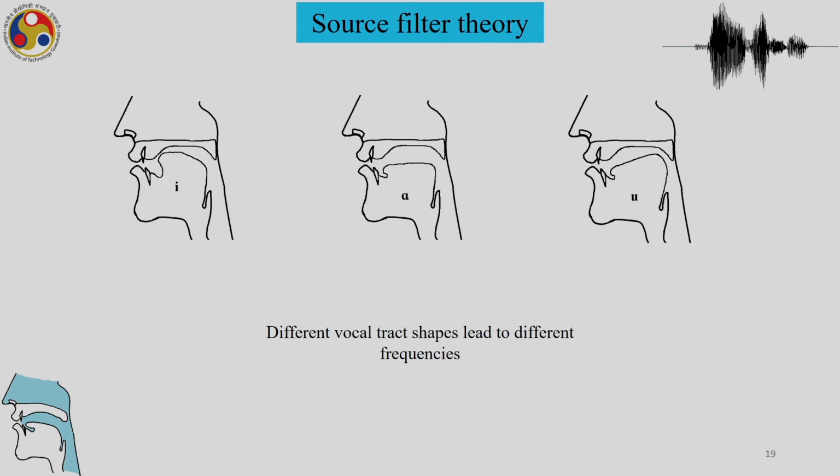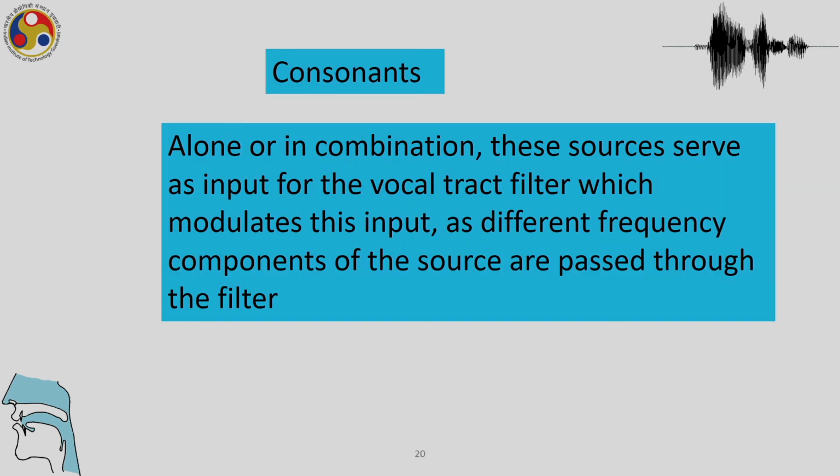So this is the source filter theory. This is how sound is produced and filtered in the vocal tract. And after we looked at these things, we talked about how these sources serve as input for the vocal tract filter, which modulates the input as different frequency components of the source are passed through the filter.